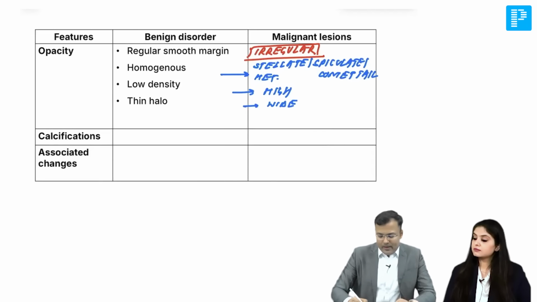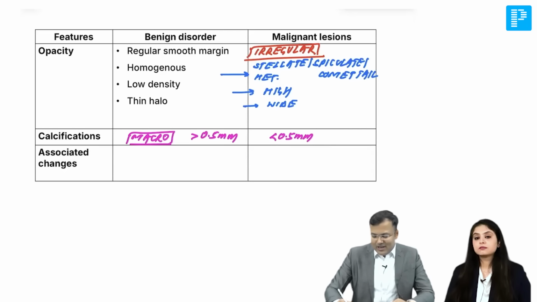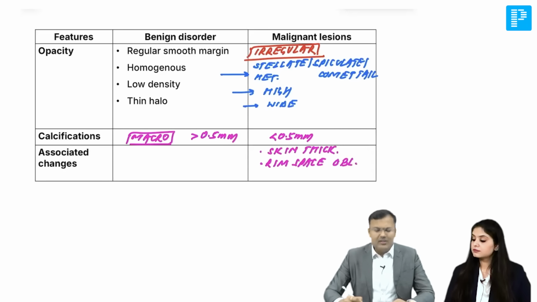We discussed skin thickening, obliteration of the retromammary space. So guys, here skin thickening, obliteration of the retromammary space, and what else? Nipple retraction. You are going to notice nipple retraction. Easy.